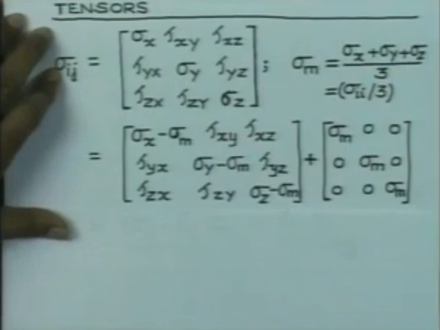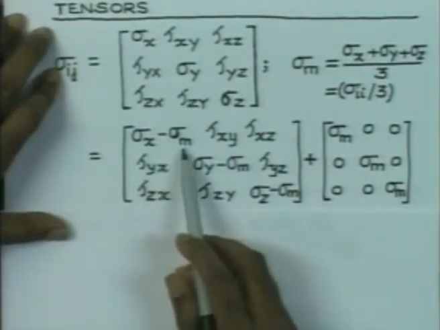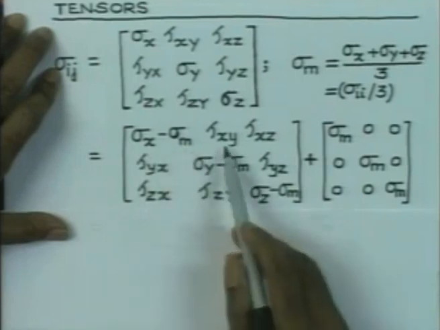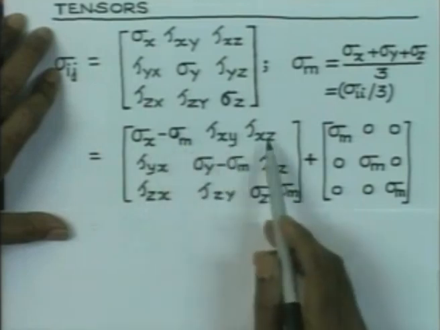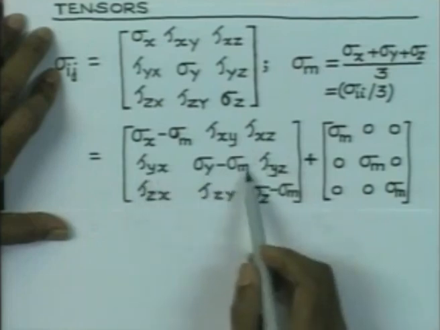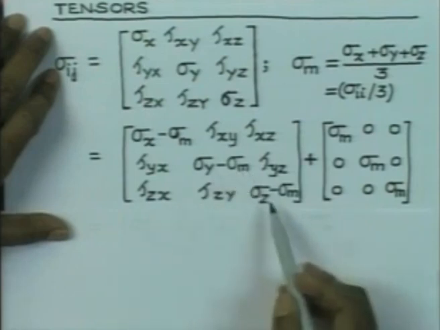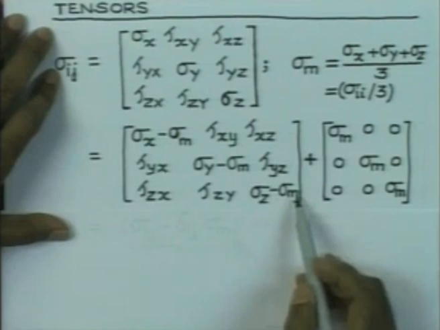Now, if we try to break up this stress tensor into two parts like this, we have here sigma x minus sigma m, this remains as it is, this also remains as it is. Then in the second row, we are simply amending the stress in the y direction, and in the z direction we are amending the stress in the z direction.